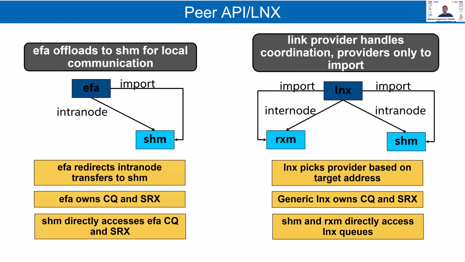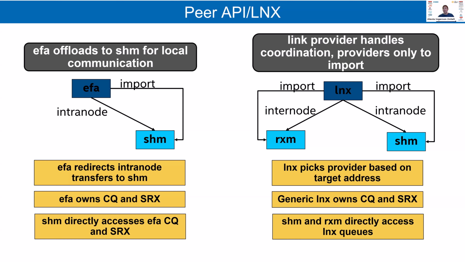So here's an overview of those two setups that I was talking about. On the left, we have what Amazon's EFA provider does today, where it acts as the owner of the shared resource and then imports those resources into shared memory, basically telling the shared memory provider not to use its own completion queue and receive context, but to use the imported resources through those peer API calls.